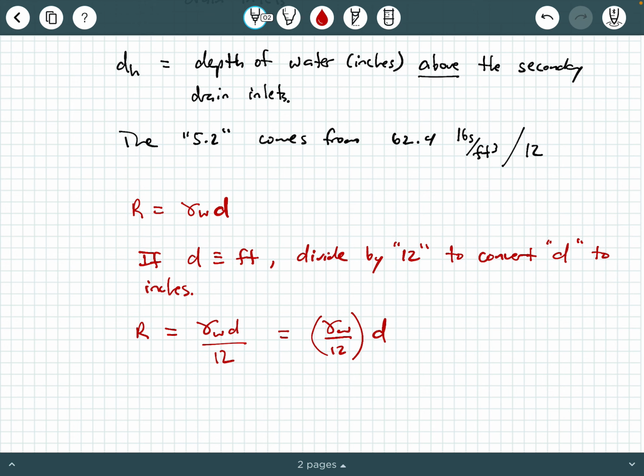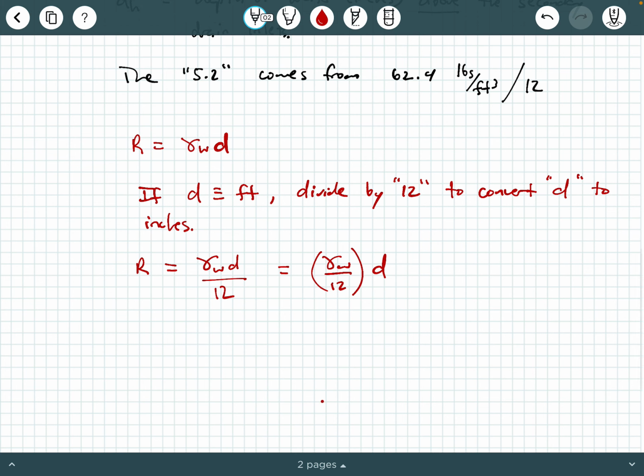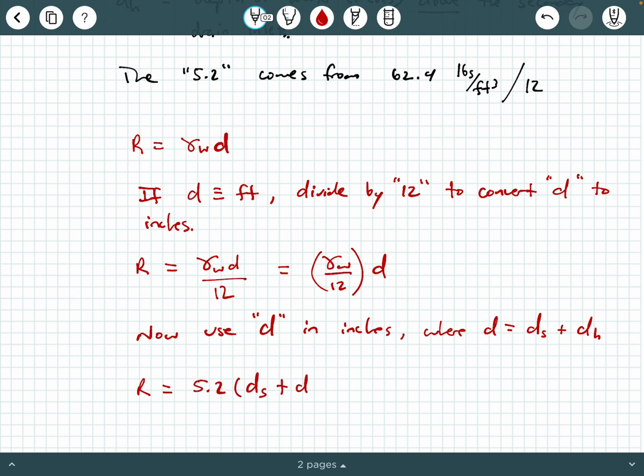Okay, and now since we have built in this 12, now you use D in inches, where D equals DS plus DH. So then of course we get R equals 5.2 times (DS plus DH). So again, if you take the 62.4 PCF and you divide it by 12, you'll see you get 5.2. So that's just a little bit of background information about where this formula comes from.